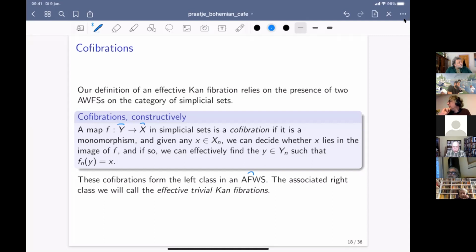When I mentioned earlier that there are different definitions of an algebraic model structure around, I think one thing where they differ is whether you want the weak equivalences to be a property or a structure, and what kind of structure that should be.